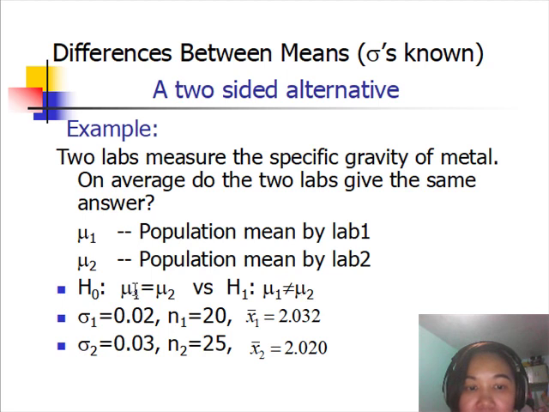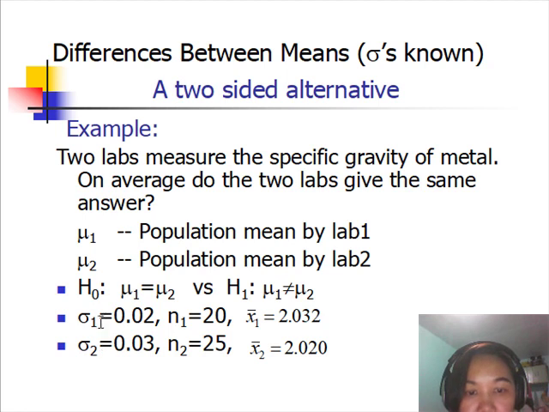So we test that the specific gravity in laboratory 1 is equal to the specific gravity in laboratory 2, against the alternative that they do not have the same specific gravity. Okay, so the population variances or the population standard deviations are given.